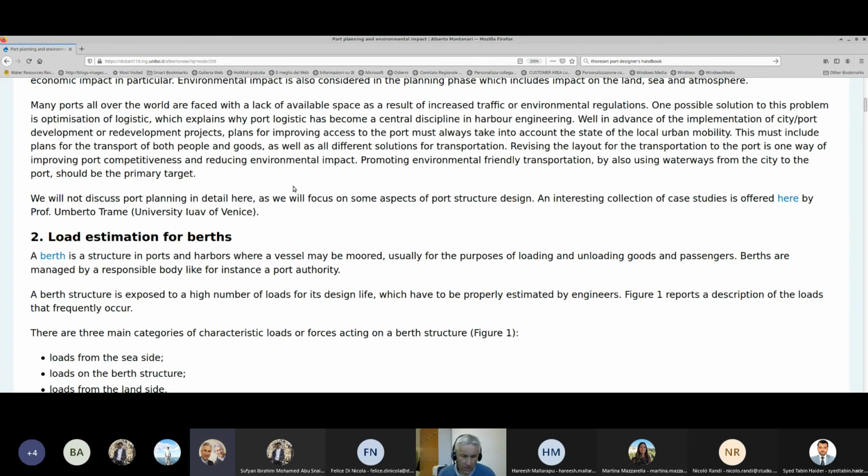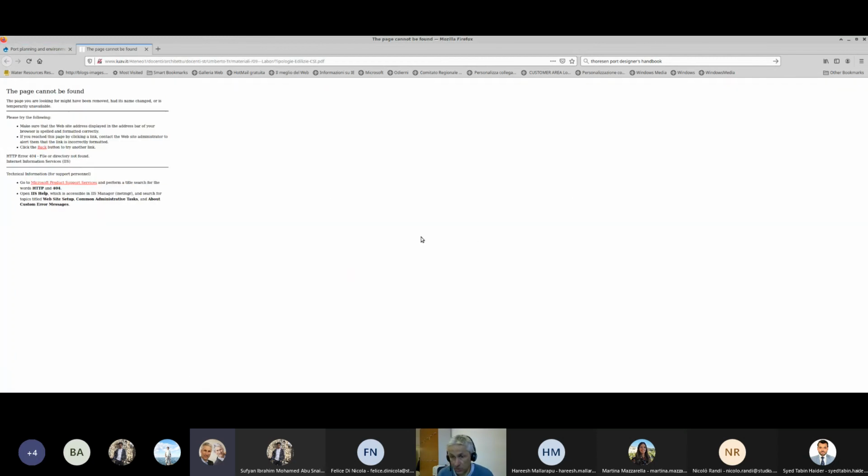In my web pages, you will see often links like this one, which I am indicating, pointing with the mouse. Let's open it. This is something that was missed.